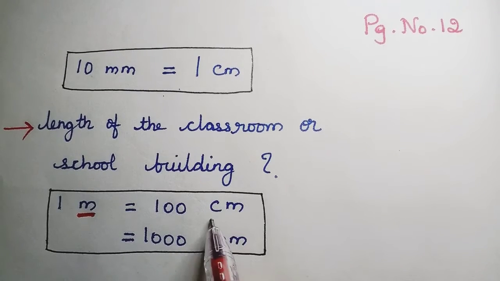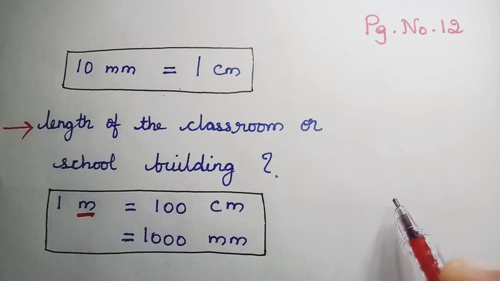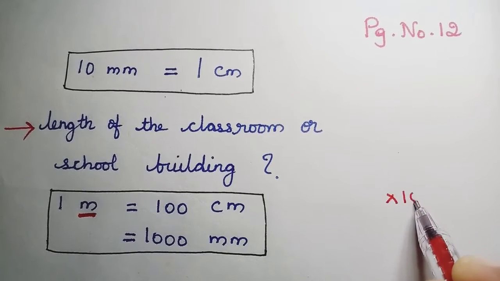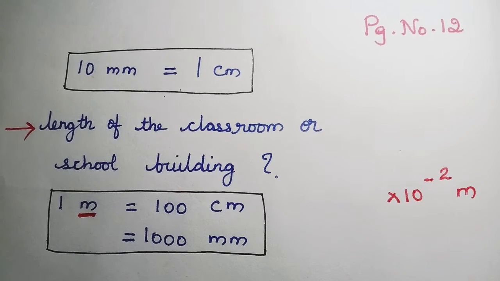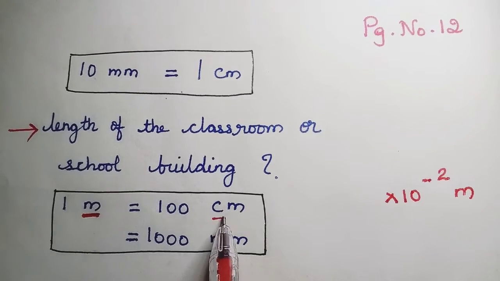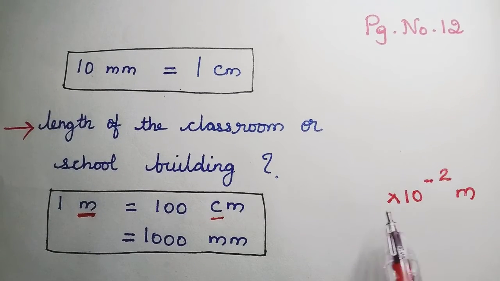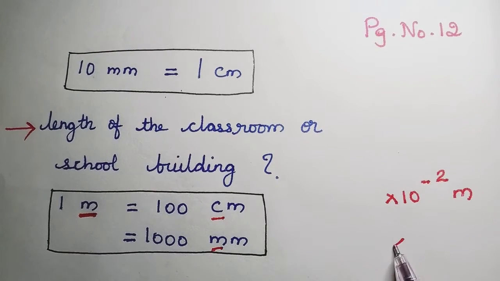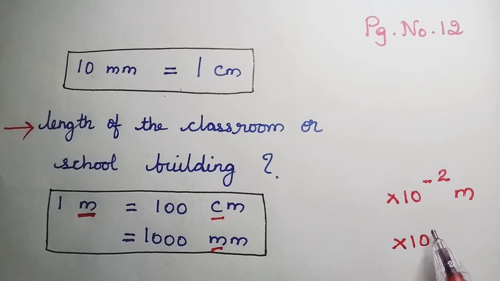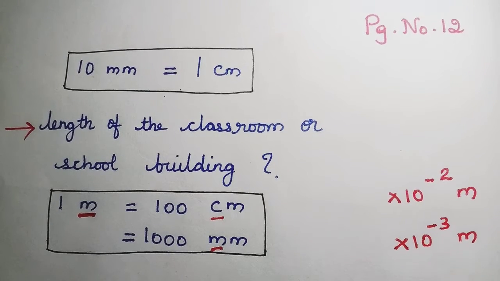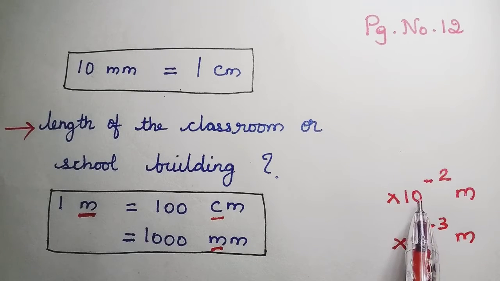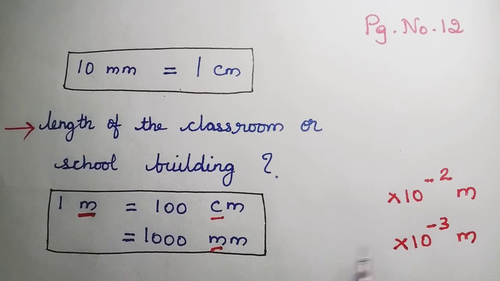Whenever you see centimeter, you have to put it as 10 to the power minus 2 meters. So centimeter means 10 to the power minus 2 meters. The same way, what is millimeter? It is 10 to the power minus 3 meters. So centimeter means 10 to the power minus 2, millimeter means 10 to the power minus 3 meters.